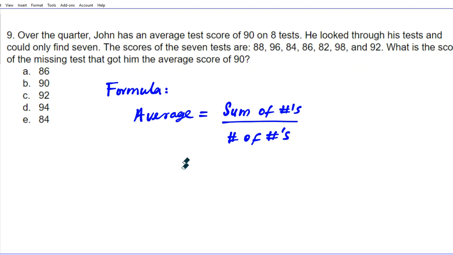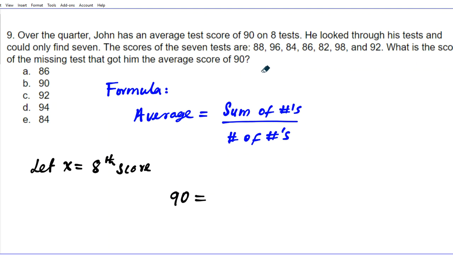Okay, so in this particular case, we're missing the 8th score. Let's call that x. So let x be the 8th score. So the average is 90, and that equals the sum of 8 tests.